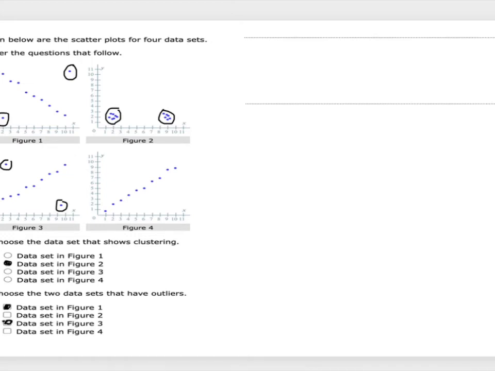Okay, now let's talk just a minute about correlation. We'll talk about it more later, but this is so easy. I just want to bring it up here. This one right here has a negative correlation because it's going down. Okay? It has a negative slope.